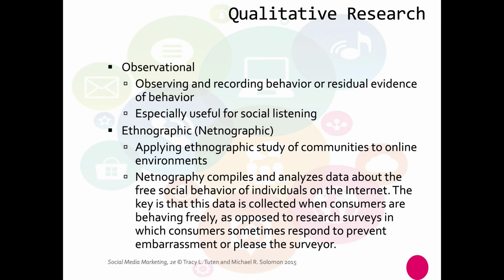So what kind of research can we do? We can do observational research, which is observing and recording behavior or residual evidence of behavior. So we could have people in a lab, and we could expose them to different sights, colors, smells, and see if it changed their disposition toward buying our appliance or not, or our women's clothing or not.